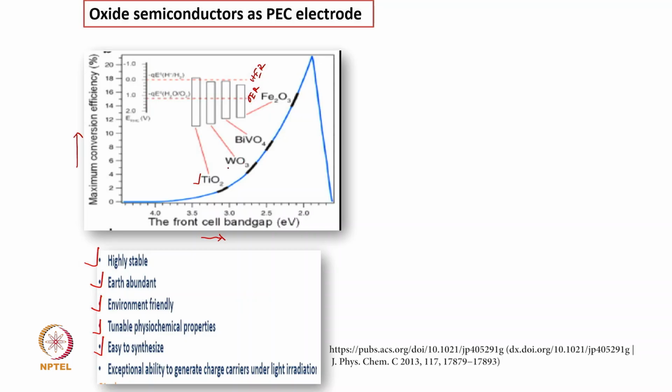If you look at WO3, its CBM and VBM positions are fine, though the conduction band should be slightly higher; it is almost touching the HER line, and there is an enhancement in efficiency. With WO3 you have about 6% efficiency, and its band gap is slightly less than that of TiO2. This is the typical band gap of TiO2 and this is the band gap of WO3.